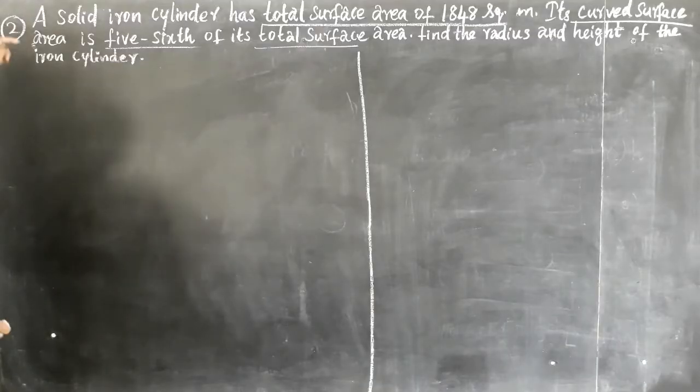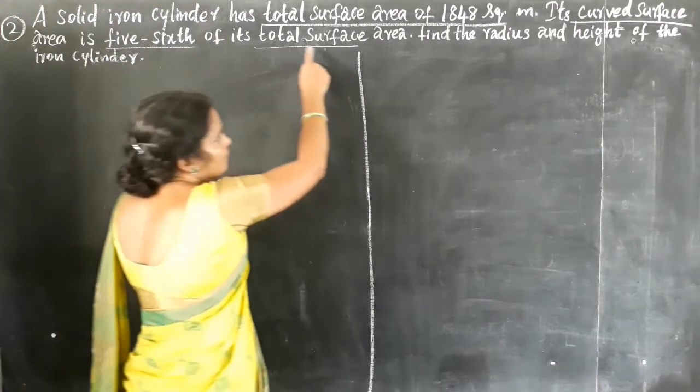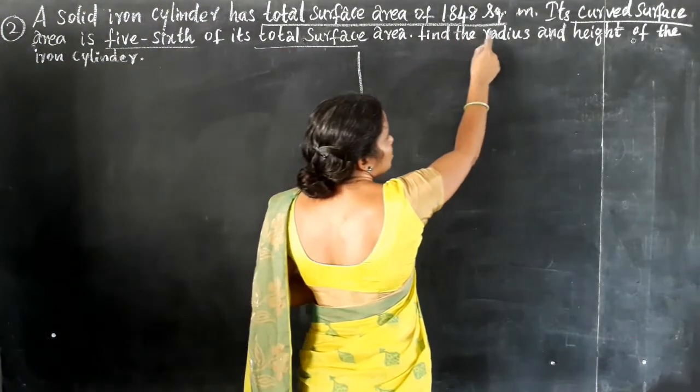Question number 2. A solid iron cylinder has total surface area 1848 square meter.